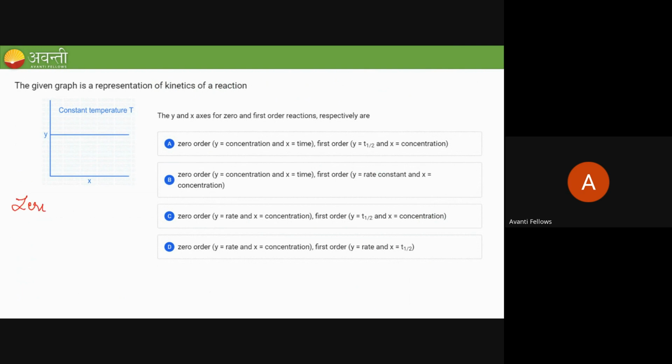The rate is independent of the concentration. So the rate is equal to K into A to the power 0. Even if we increase the concentration, the rate is not going to get affected. So if I put the y-axis as rate and the x-axis as concentration, the graph will fit into that. So it should be either option C or D.